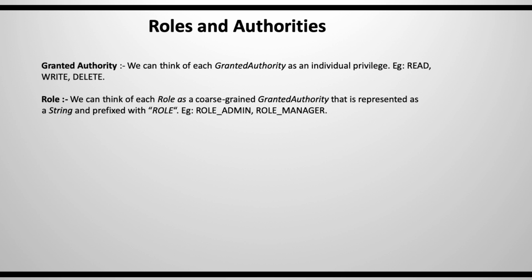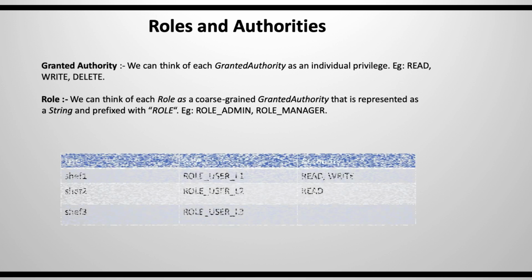It will always be prefixed by the string ROLE_. You can have roles like admin, manager, and then you can assign authorities to each role. We will see that in the course later.